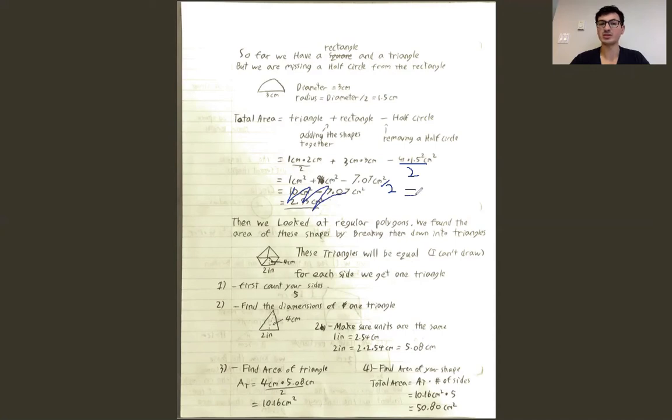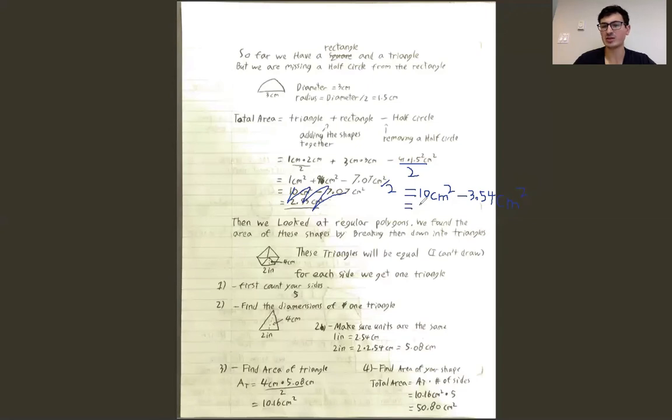So this is going to give us 10 centimeters squared, adding the area of the triangle and the rectangle together, minus 3.54. I'm just rounding that to 3.5 there, centimeters squared. It's a bit messy here, sorry for that.